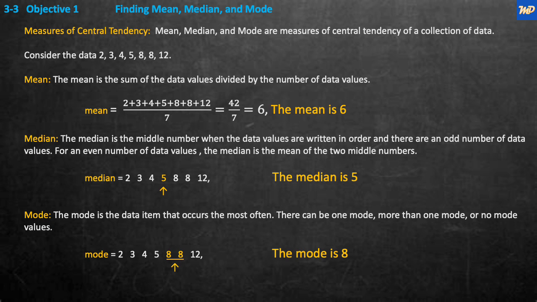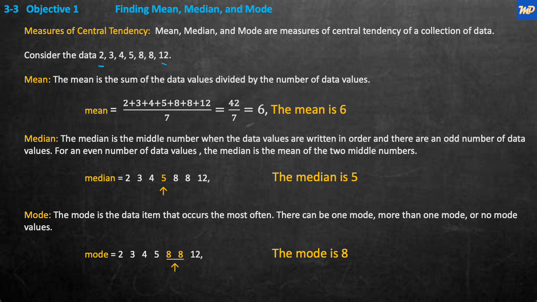Measures of central tendency. The mean, median, and mode are measures of central tendency of a collection of data values. Consider the data 2, 3, 4, 5, 8, 8, and 12. That's here, 2 through 12. The mean is the sum of the data values, divided by the number of data values.